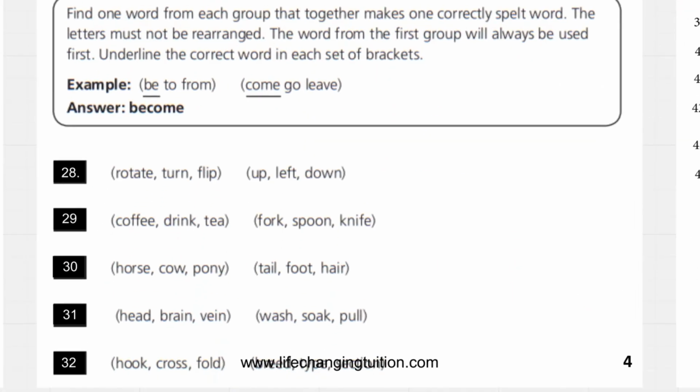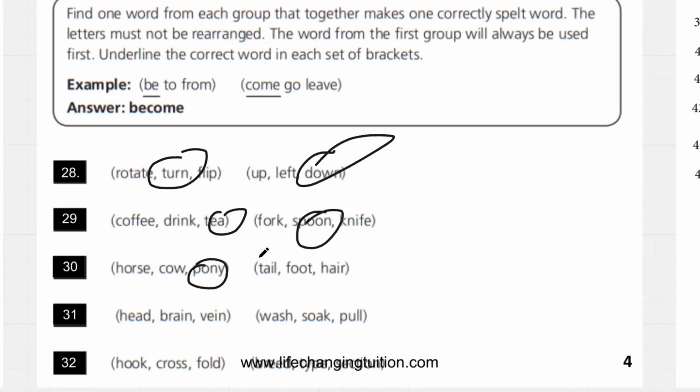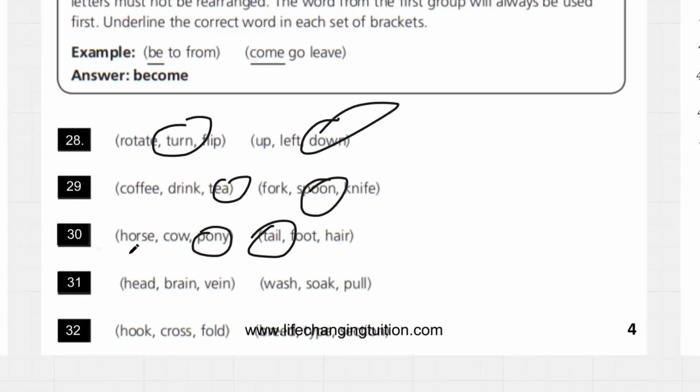Question number 28, we have to form some words. So for 28, we would get turn down, which is a sort of, if you refuse something very quickly, it's a turn down. Question 29, we get teaspoon. Question 30, ponytail. Question 31, just make sure you can see all of it, we get brainwash.